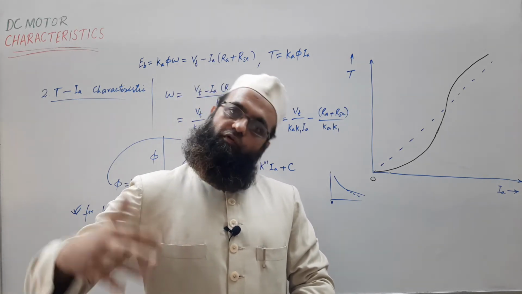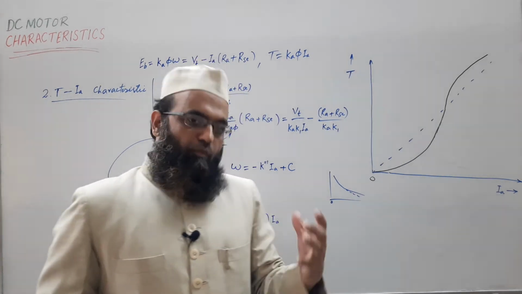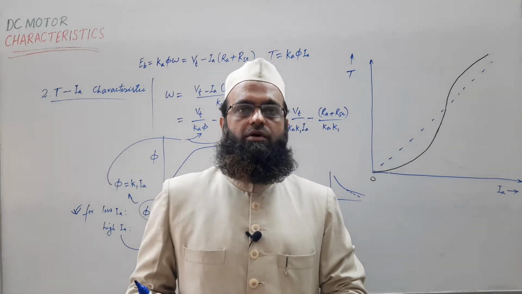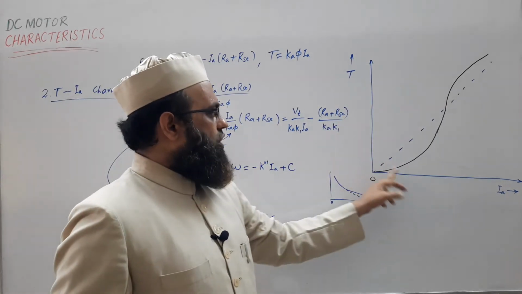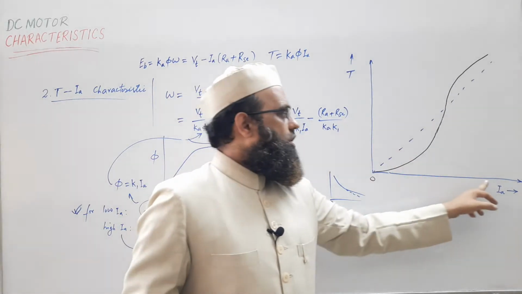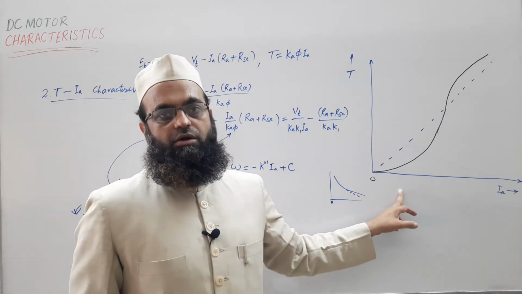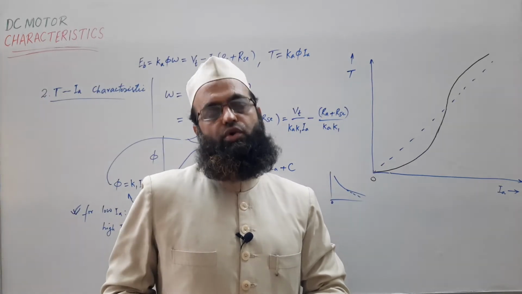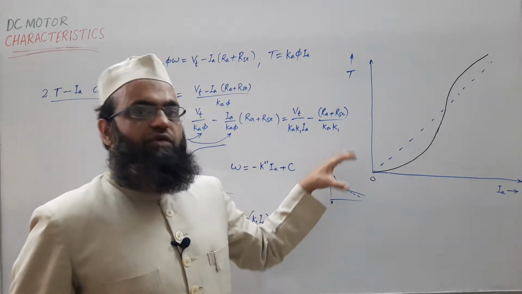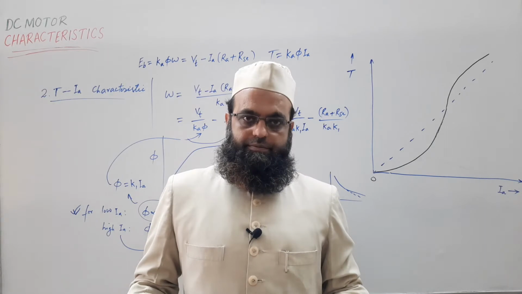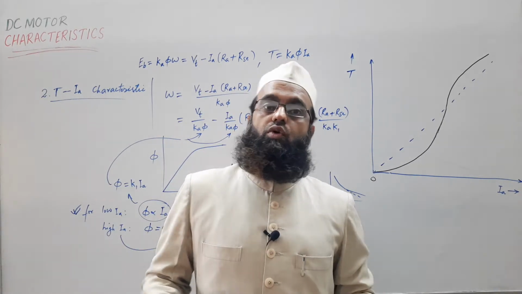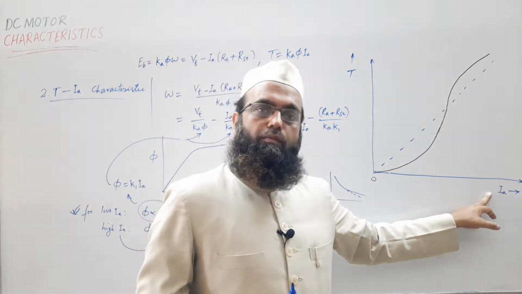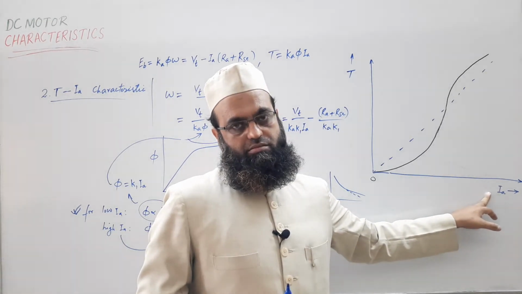to fulfill that torque, the motor will try to develop a corresponding low torque. For that low torque, it will draw a low value of armature current. But if you increase the mechanical load, the motor will try to develop its own torque to tackle that increased load torque by drawing more armature current.